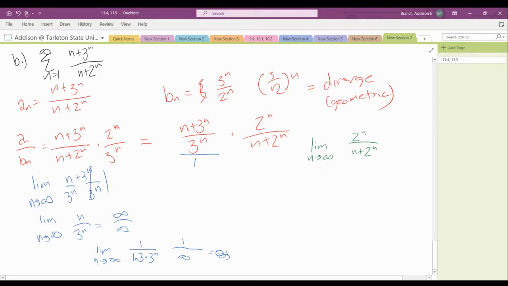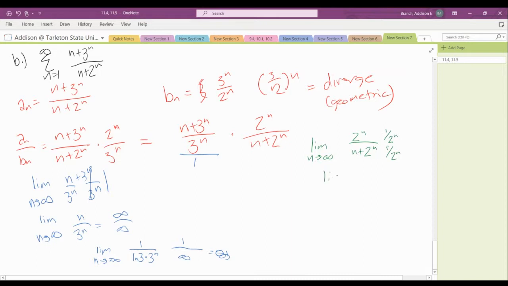You can either do L'Hopital's rule, or you can divide. Since we have a 2^n in both, we can do what we did earlier and do 1 over 2^n. That's the way I did it on this, but you can also try L'Hopital's rule if you're doing this at home and see if you get the same thing.